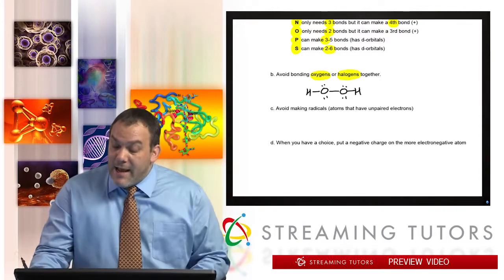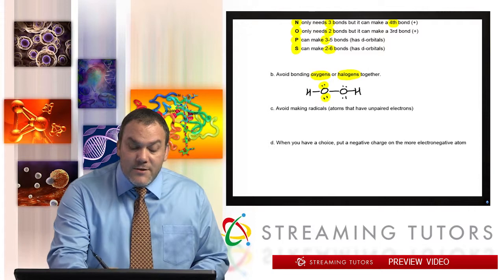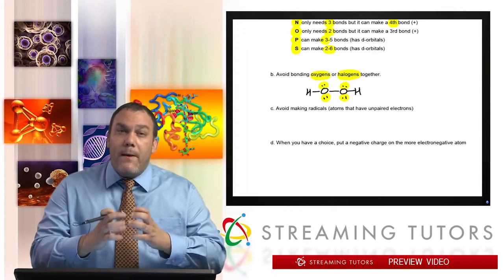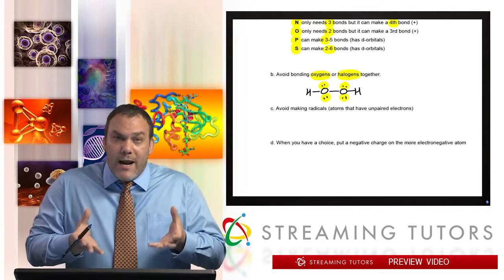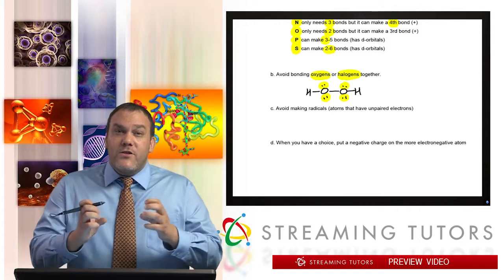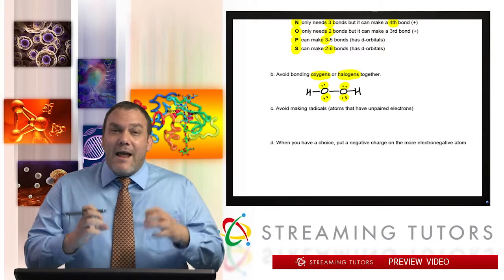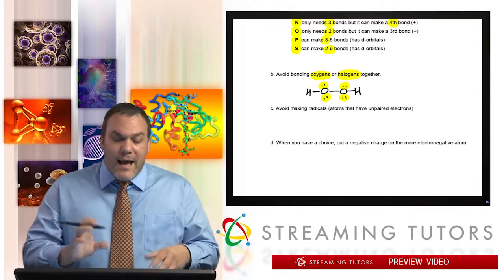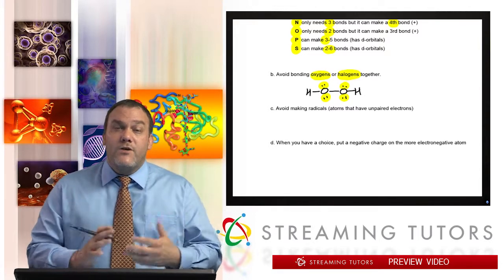The lone pairs on these oxygens are also coming close together, and they're going to start repelling each other. So we're creating what's known as potential energy in the system. These oxygens are getting too close together, and so the electron pairs around them start to push them away, and it makes it an unstable connection between them.